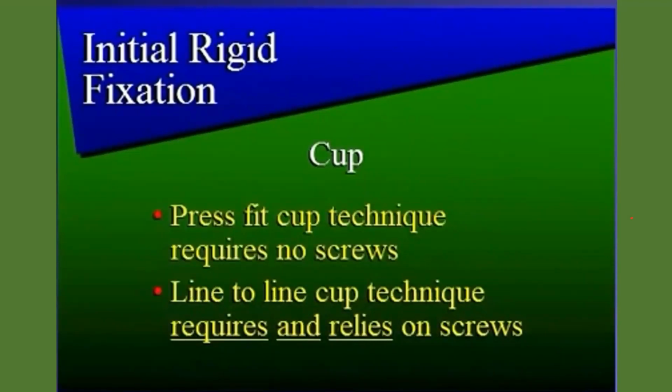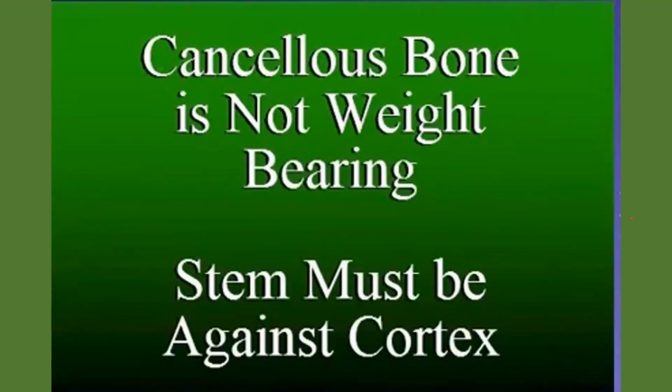What about cancellous bone? Is it weight-bearing? No, it's not. The stem must rest against the cortex. When you're rasping the medullary canal, you should make sure that you have reached the cortex to prevent settling down of the stem.